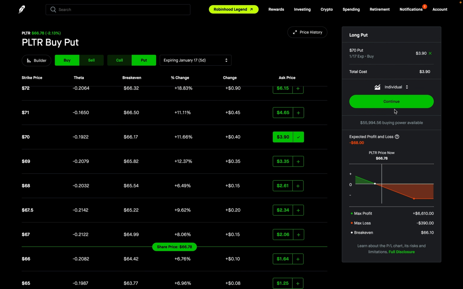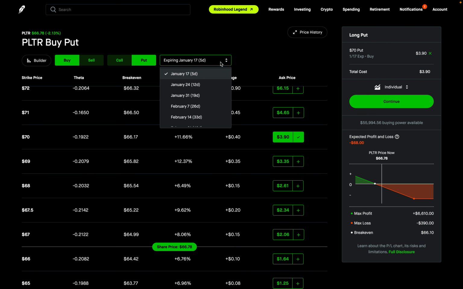And here's how we would do this. We would first still go ahead and close out our current cash secured put. So buy to close. I would still be buying back the put that I sold here. But now the second step: I'm going to go out to a further expiration date, for example, February 7th.